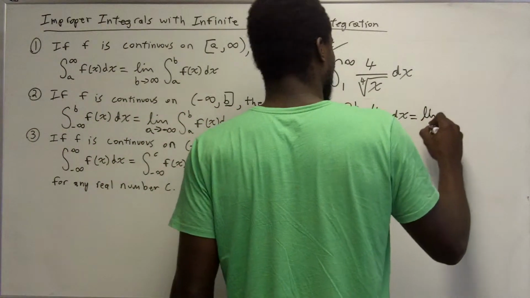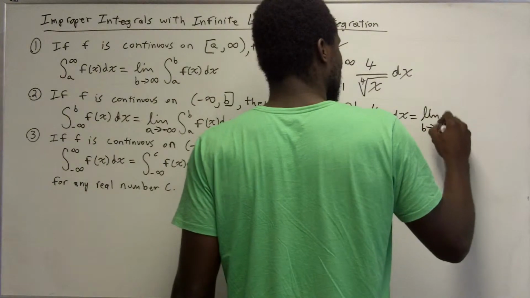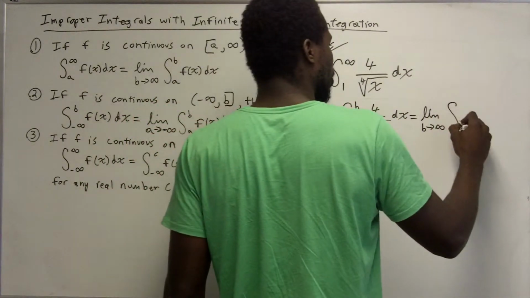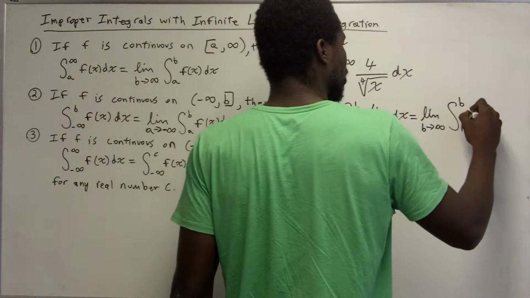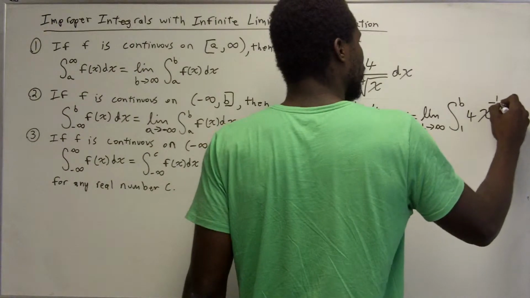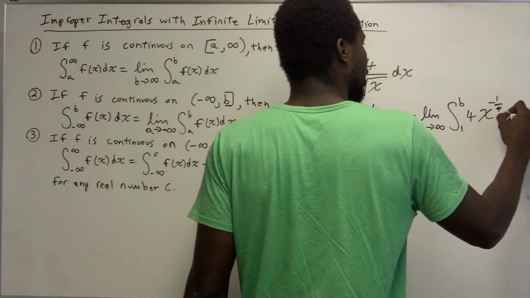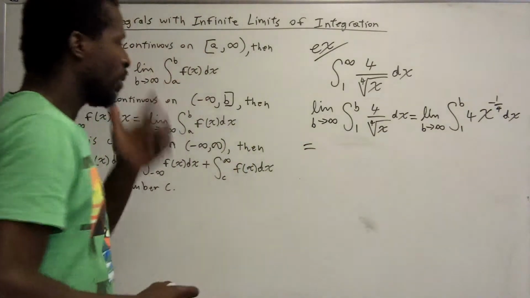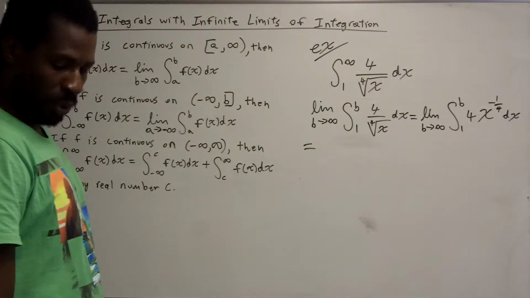This is the limit as b approaches infinity of, let's rewrite this as the integral from 1 to b of 4 times x to the negative 1/4 dx. That makes it a little bit easier to calculate the integral. Now we can use just the power rule.